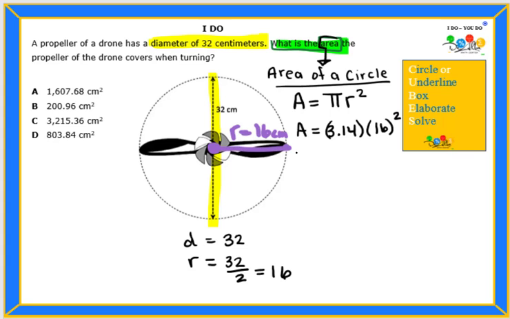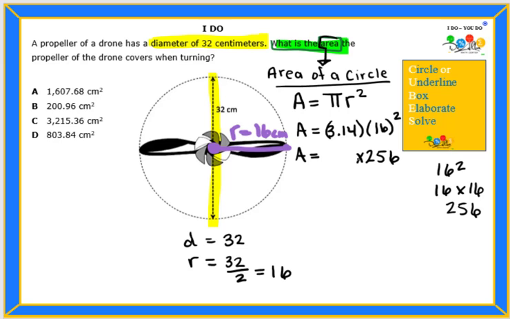Okay, let's work that out. The first thing I'm going to do is 16 squared. Remember, 16 squared means 16 times 16. So 16 times 16 would give us 256. So for 16 squared, we have 256.